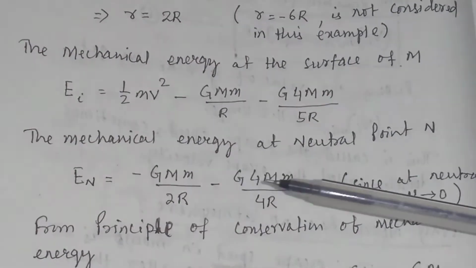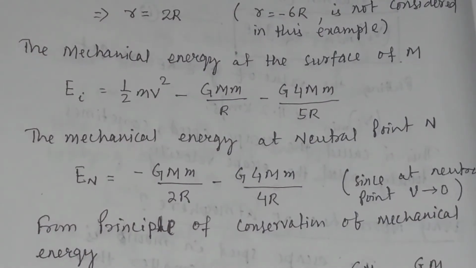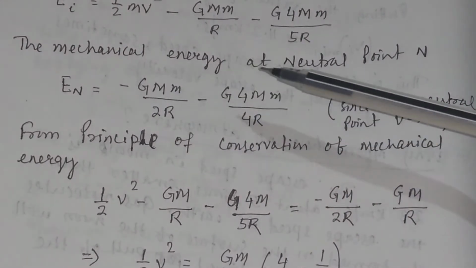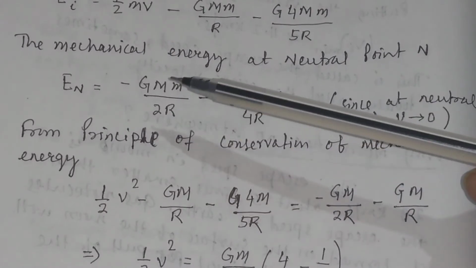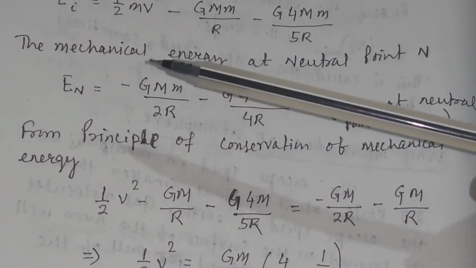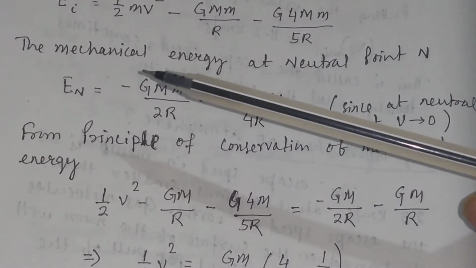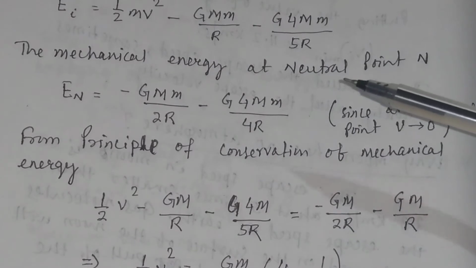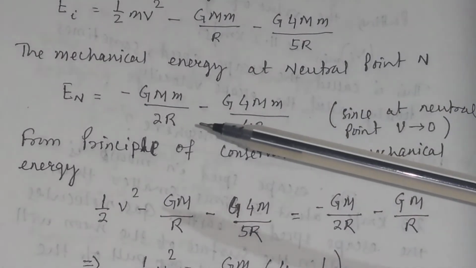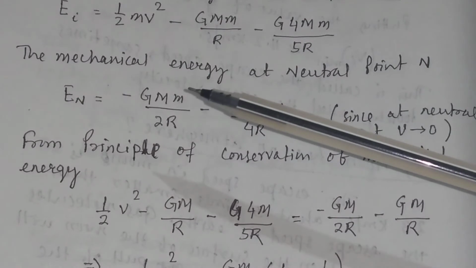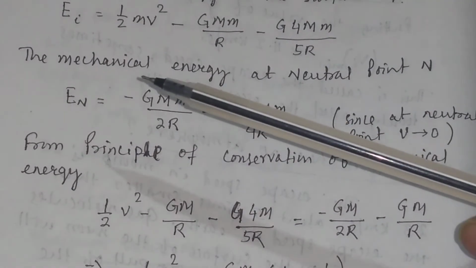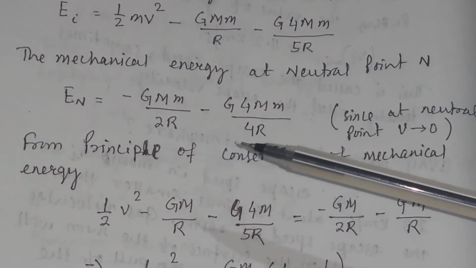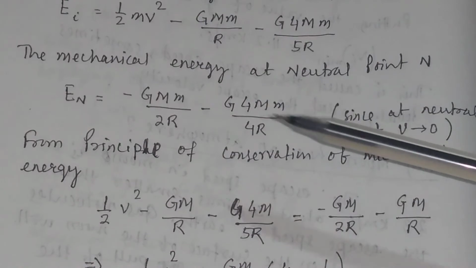And the mechanical energy at the neutral point will be equal to En, and that will be equal to the potential energy, because when the body moves from the mass m towards the neutral point, its kinetic energy decreases, and at the neutral point the kinetic energy is equal to 0, and the total energy of the body is only potential energy. So at the neutral point, the mechanical energy En will be equal to this much, which is the potential energy.